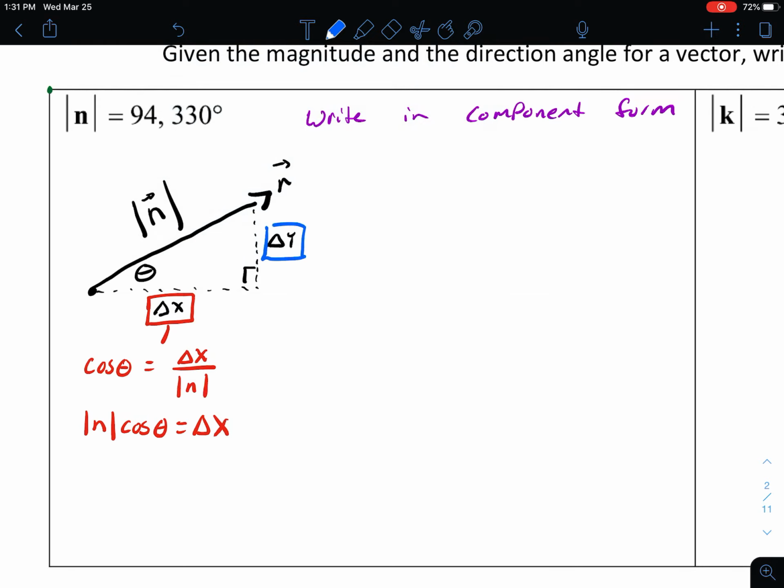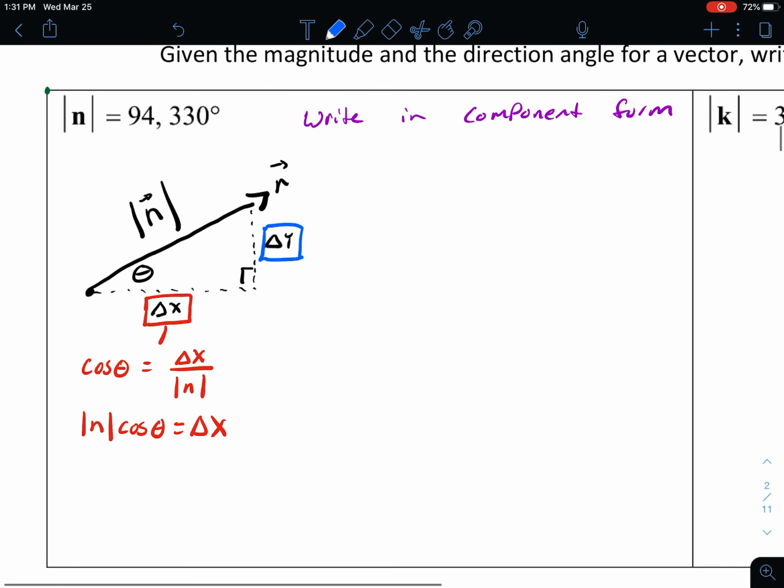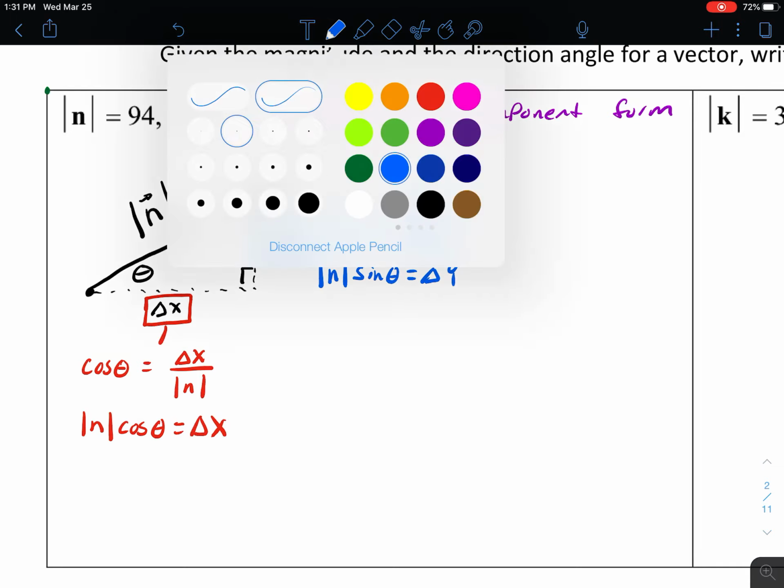And if I do the same thing for y, in context of theta and the magnitude, sine of theta is equal to opposite over hypotenuse, which means that the magnitude times sine of the angle is equal to my y component.